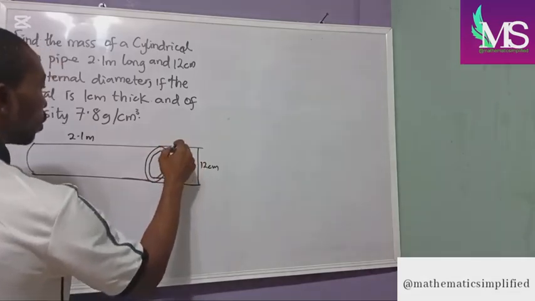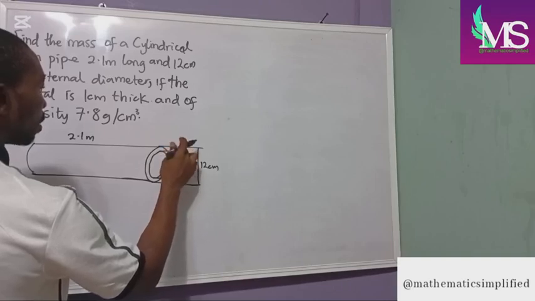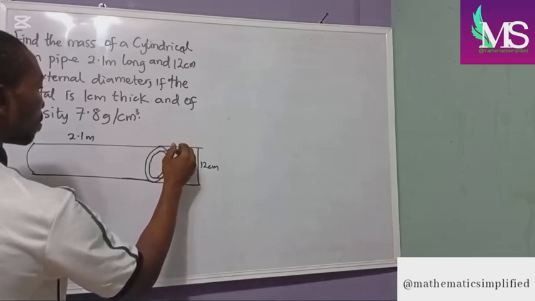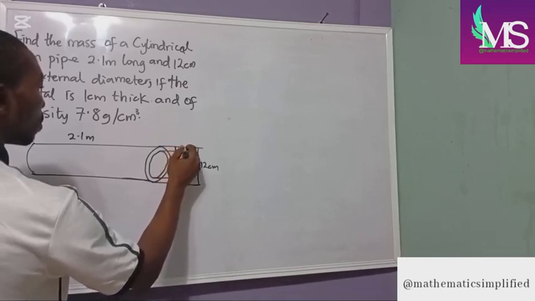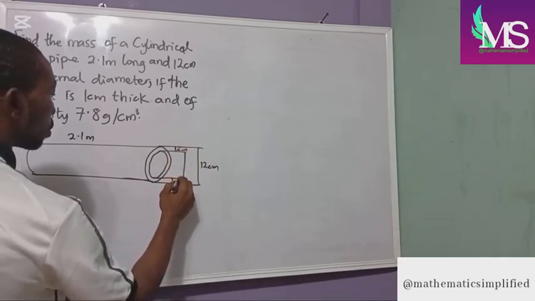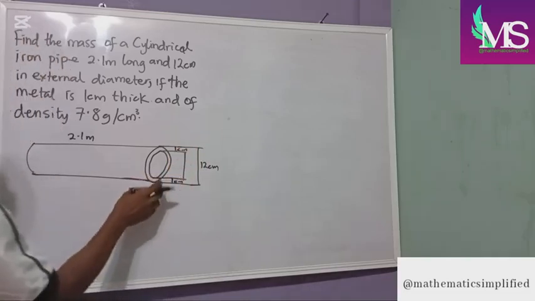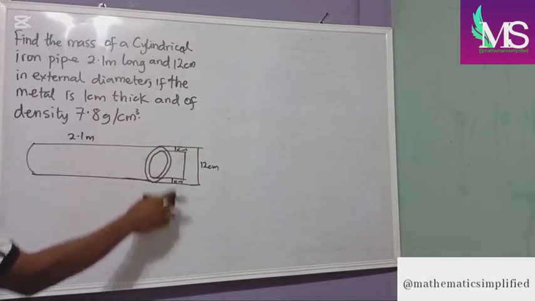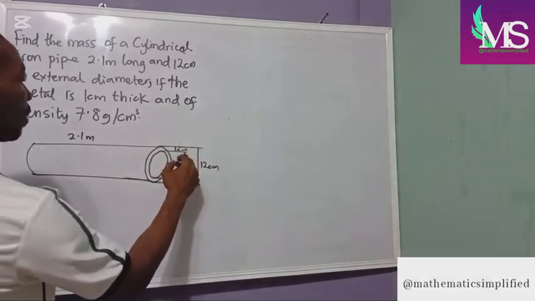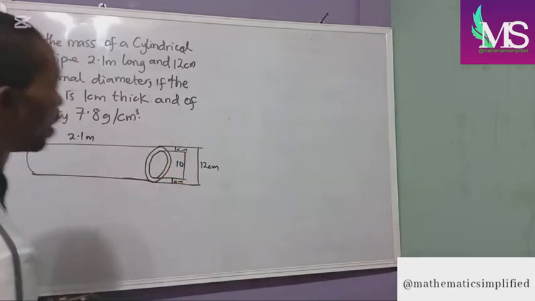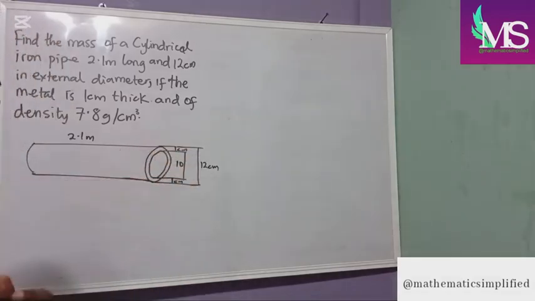They said here to here is 1 cm. Here to here is 1 cm. Now, if we subtract, 1 plus 1 is 2. If we subtract 2, our internal diameter will become 10 cm. So our internal diameter is 10 cm and our external diameter is 12 cm and it is 2.1 meter long.